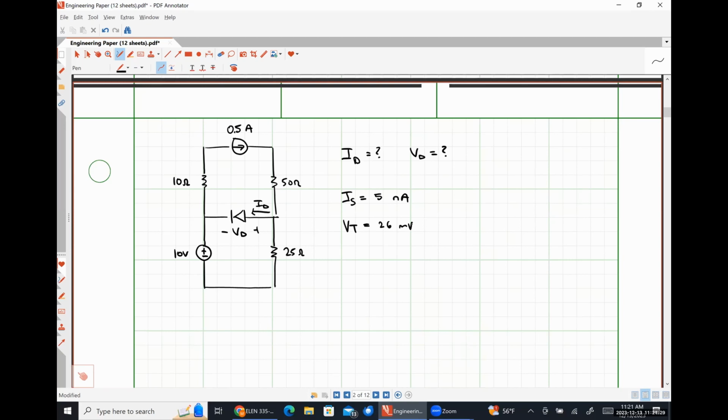So who's got some thoughts about how we might approach something like this? I guess we could. Actually, no, we can't. Sorry. We can't use superposition, because superposition requires our circuit to be linear.